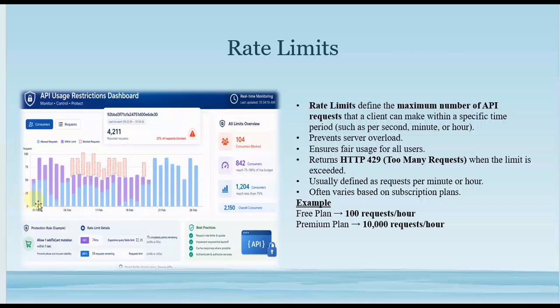Blue is allowed requests, purple is normal usage, and red is blocked requests. It helps us see when usage is high. On the right side you have user information: some users are blocked, 104, some are near the limit, 842 consumers, and others are safe, 1204. This shows how users are using the API.